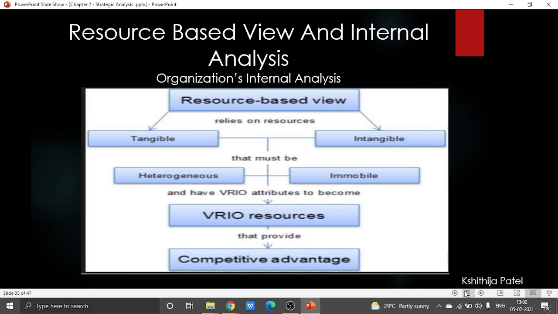And on the other hand, there were other people like Prahalad and Hamel. They had come up with the same idea in their book, The Core Competence of the Corporation. And there is Barney, who has the same point of view in his book, Firm Resources and Sustained Competitive Advantage. And there are a lot of other people who have given the same viewpoint.